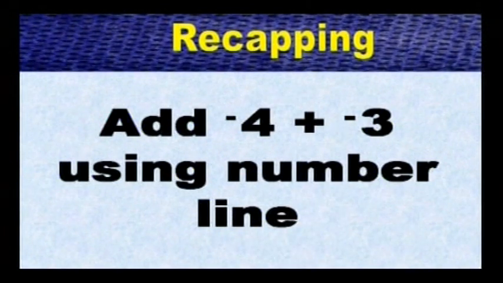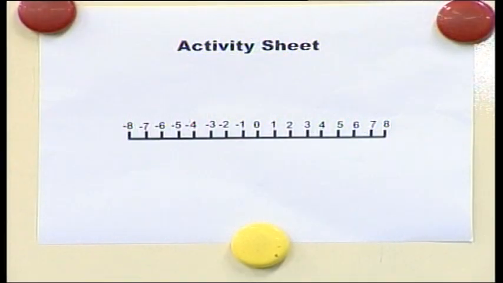Receiving students and Sevenis, before we go into today's lesson, let us recap our previous lesson by solving this problem on the screen. Receiving teacher, I hope you have prepared an activity sheet with a number line on it and distributed it to the students.